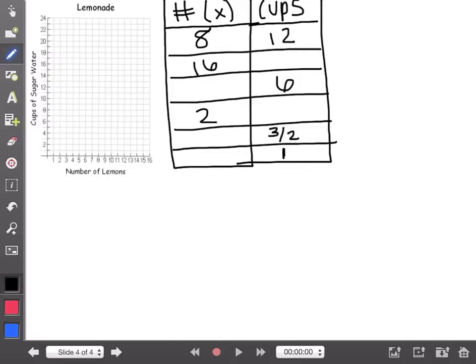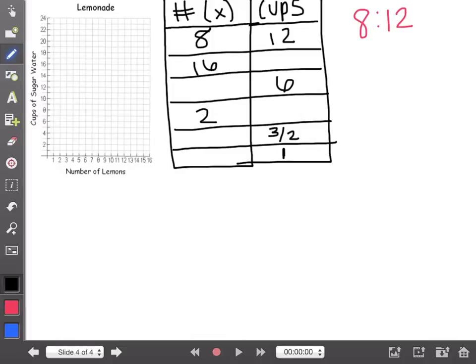It says that my favorite lemonade recipe calls for 8 lemons to 12 cups of sugar water. We want to fill in the missing values. So if we know our ratio that they give us is 8 to 12, we want to figure out what is the unit rate. How many lemons do you need to make 1?